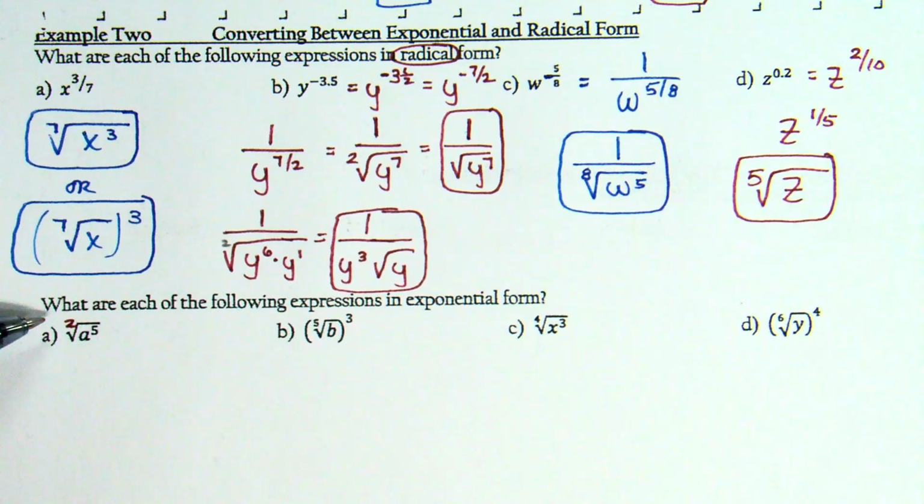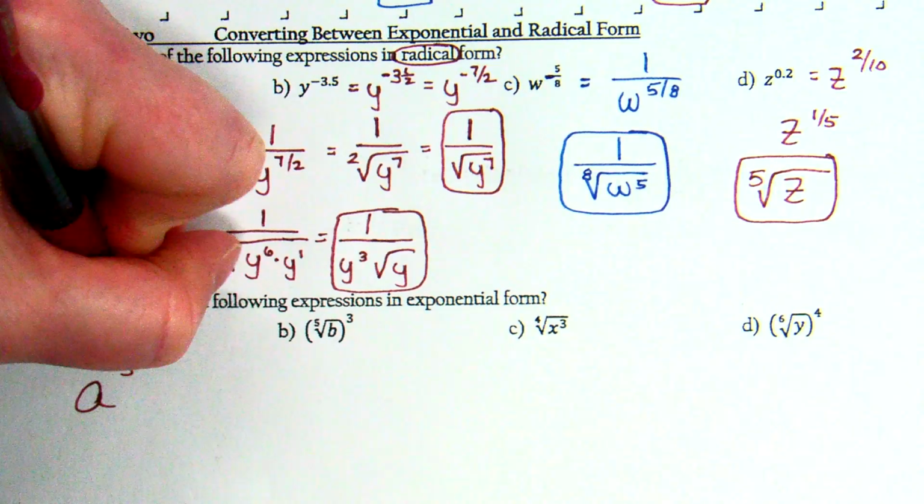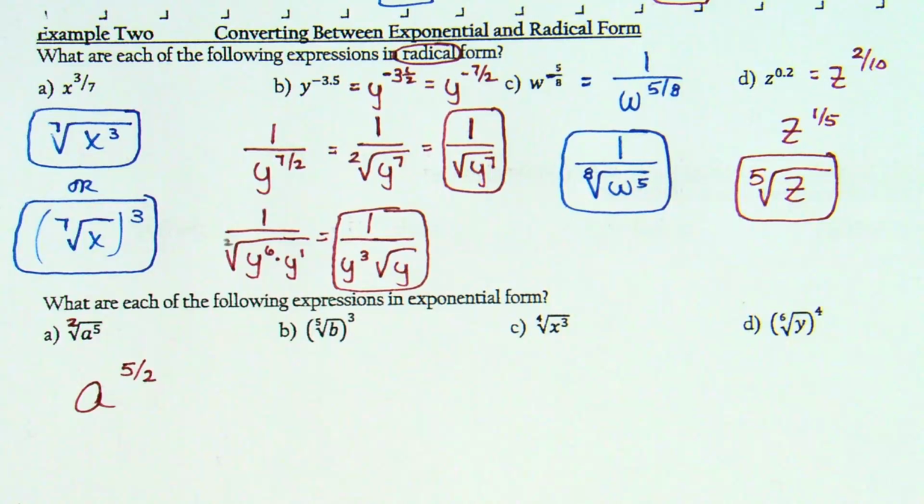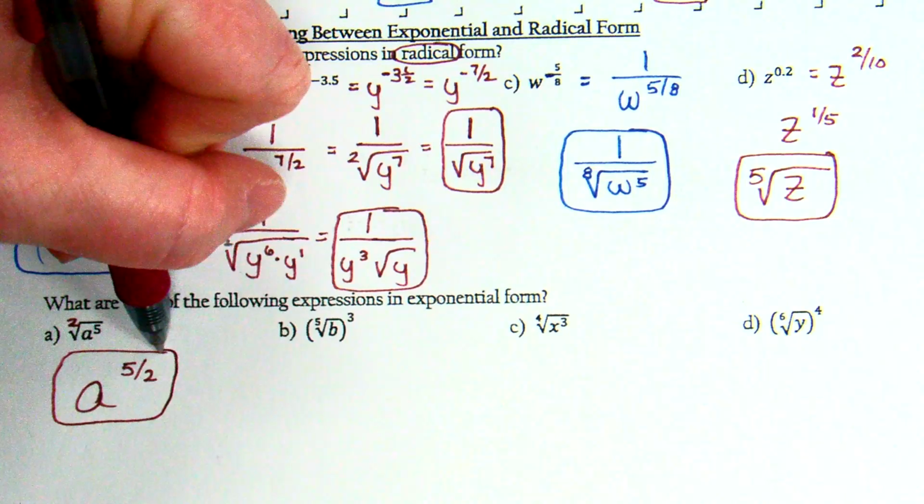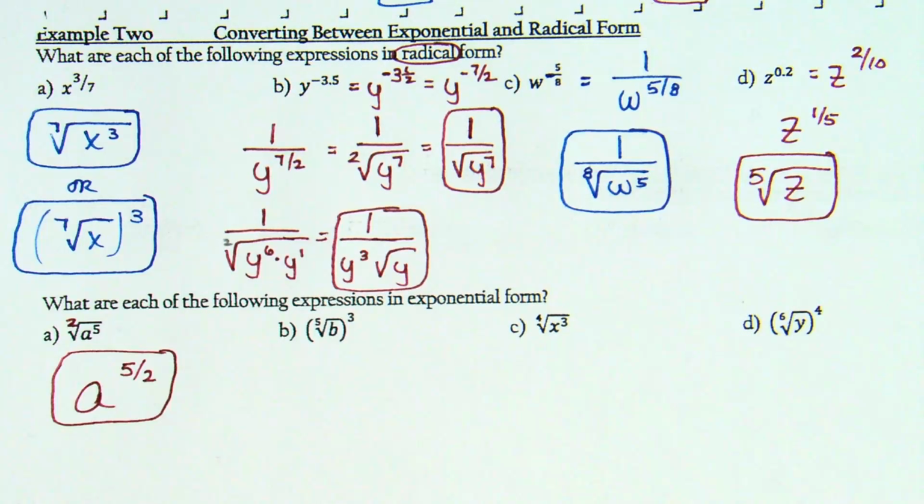Where does the index always go? In the denominator. That's the question I'm always going to ask, that's how I will always try and connect it. Index, denominator. Okay? Just know that the other number goes in the numerator. And a to the 5/2 is just a to the 5/2.